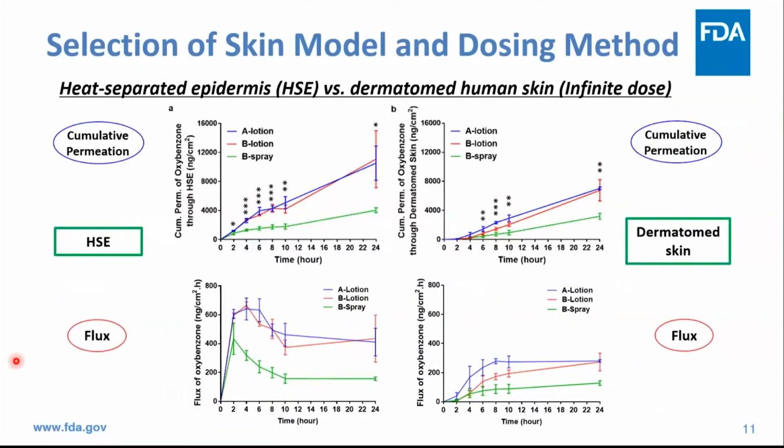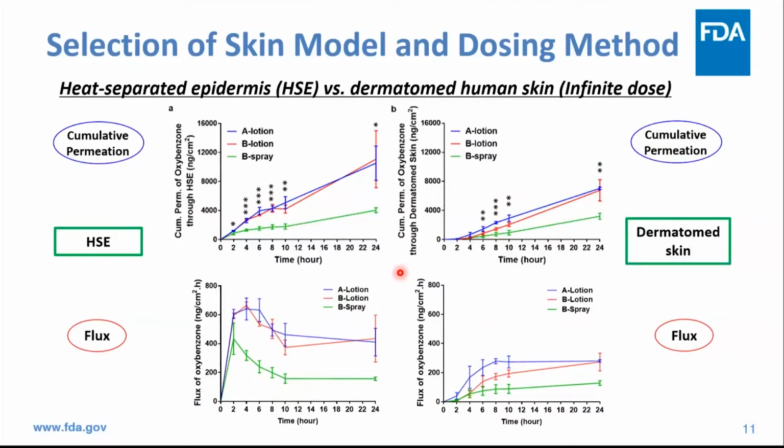We also observed that both the heat-separated epidermis shown on the left side of this page and the dermatomed skin model data shown on the right side of this page have demonstrated the same rank order of in vitro skin permeation of sunscreen UV filters.